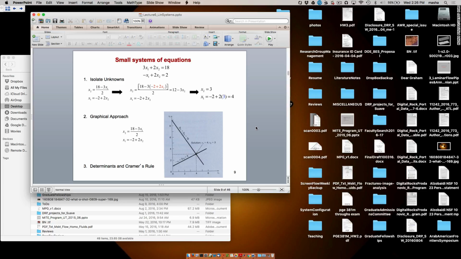So how many planes do I need to define a unique point? Intersection of three planes, right? So I would have to have three equations if I had three unknowns to uniquely solve the system. If I had only two, my solution to the system is a line, okay?